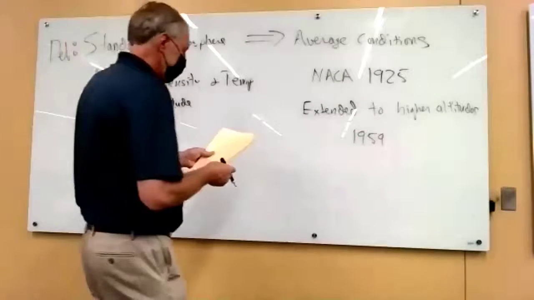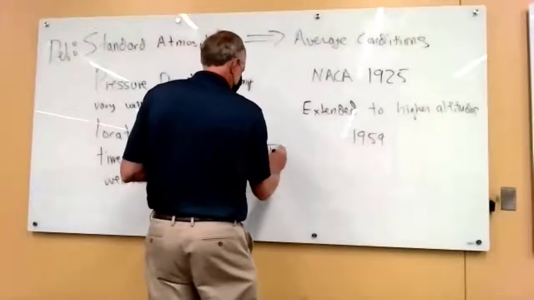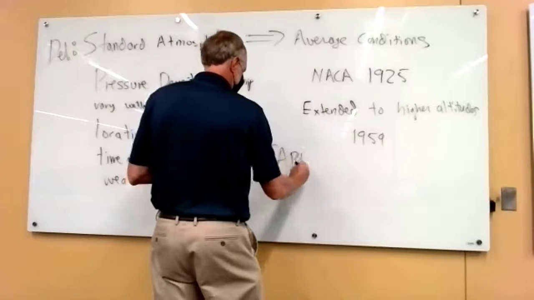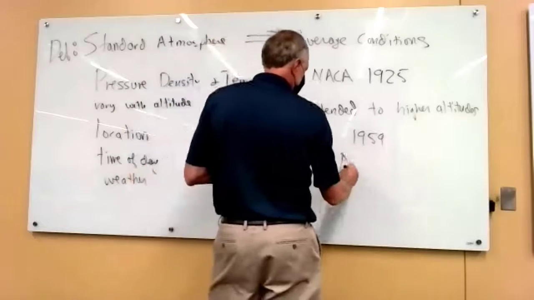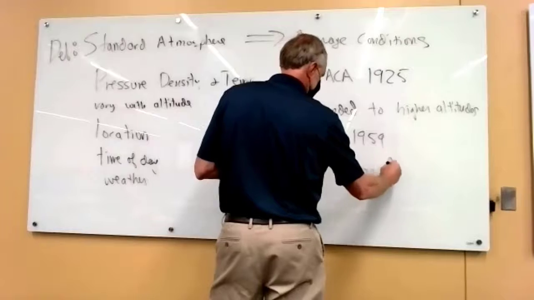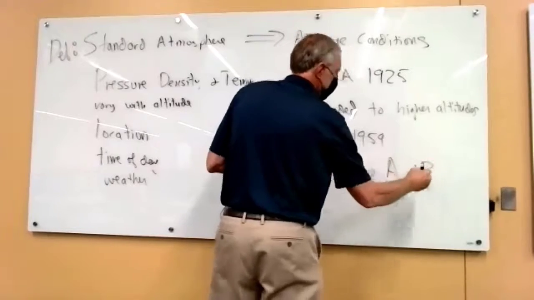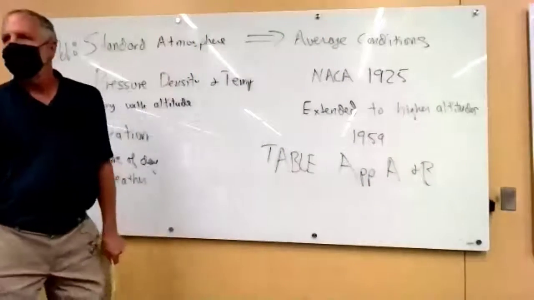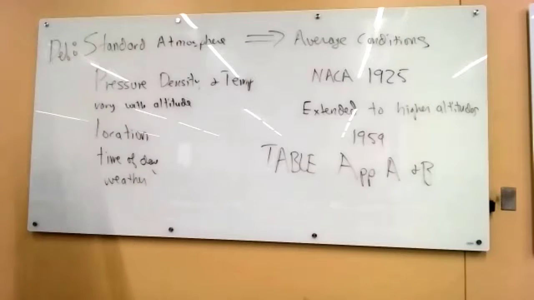So this table that we're going to use is in your textbook in Appendix A and B. So if you open up your textbook, go all the way to the back. There's two appendices.